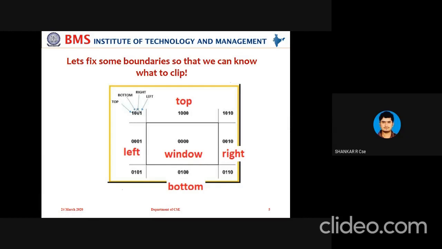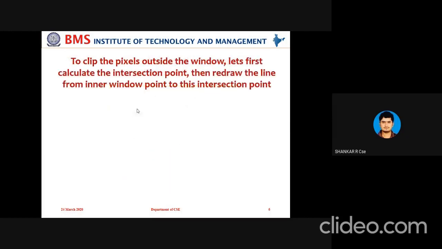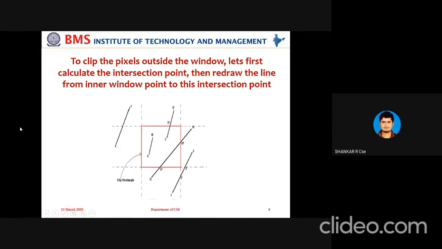So the next point is, how do I exactly clip the pixels outside the window? Well, let's first calculate the intersection point, then redraw the line from the inner window point to this intersection point. To make you understand, take this line CD.